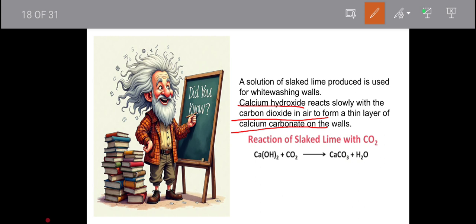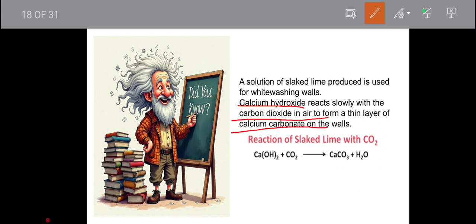So this calcium hydroxide, whatever we have applied on the wall, will be reacting with the carbon dioxide present in the air. As a result of that, a thin layer of calcium carbonate will be formed on the wall.